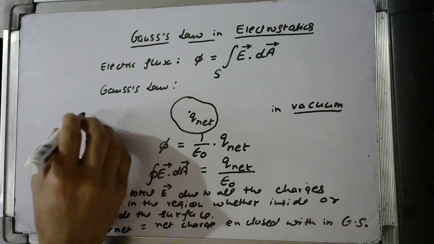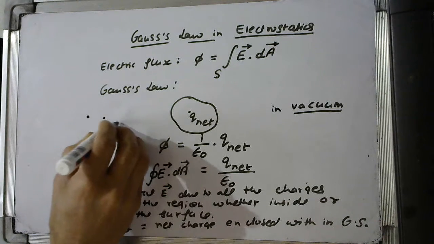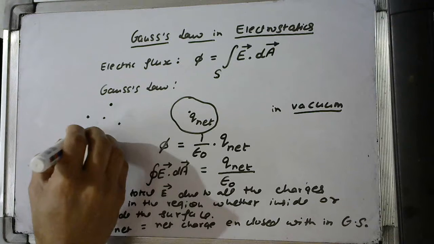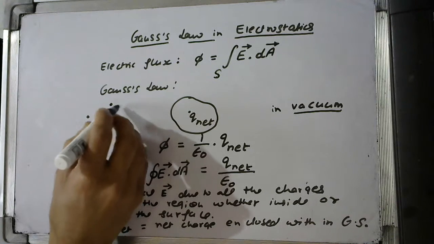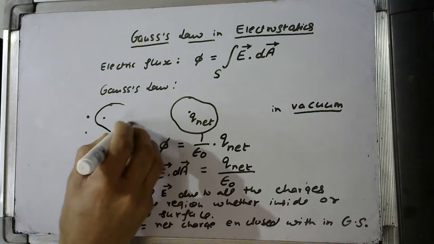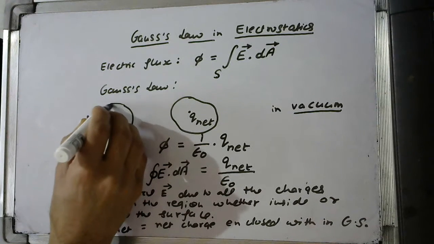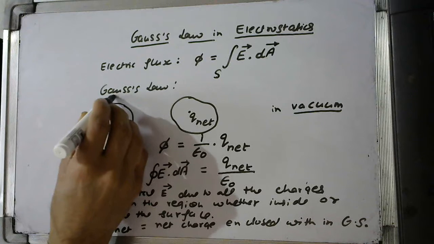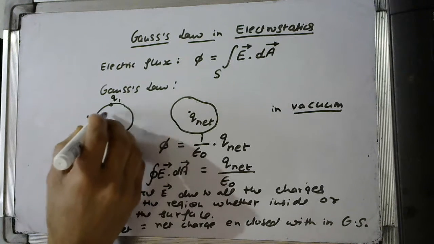For example, we have certain number of discrete charges in the region. Now there is a surface passing through this charge Q1.